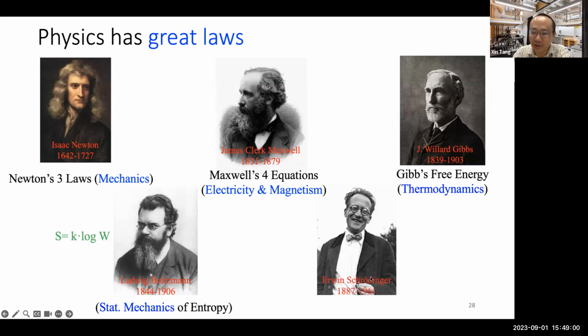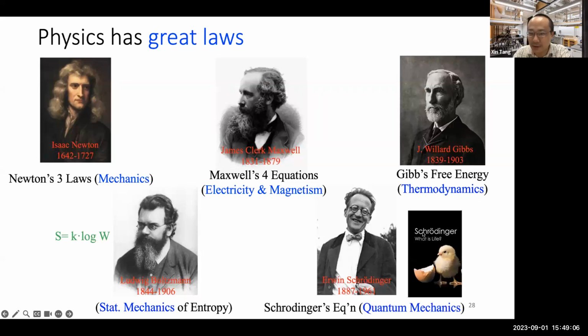This is Schrödinger. He developed quantum theory, the Schrödinger equation, quantum mechanics, and he has a book called "What Is Life?" At his time he started to think about how to connect quantum physics with life. This book is very interesting to read as well.